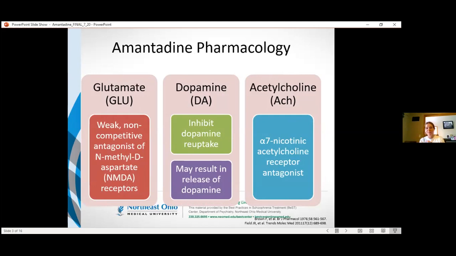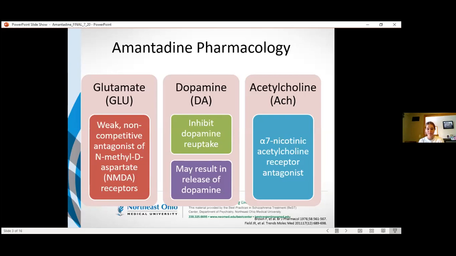So decreasing some of that glutamatergic activity may potentially help with the neurotransmission of some of our other neurotransmitters, including dopamine. So it really seems to be pro-dopaminergic. Working on the glutamate may enhance the amount of dopamine that's available. It also seems to inhibit the reuptake of dopamine and may actually promote some dopamine release in particular parts of the brain.